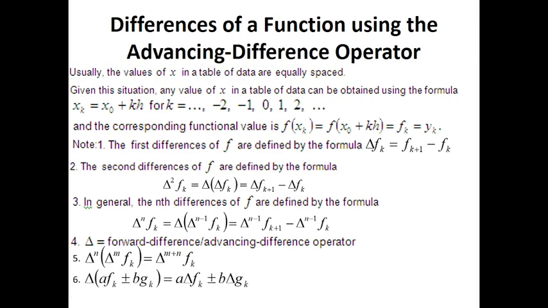So another property of the operator: if we are to determine the first differences of two functions that are added or subtracted, we can simply write it as a, which is a constant, times delta f sub k plus or minus b, a constant, times delta g sub k.